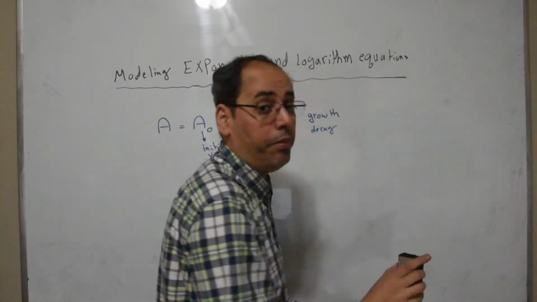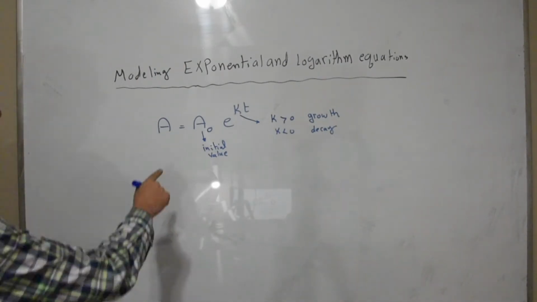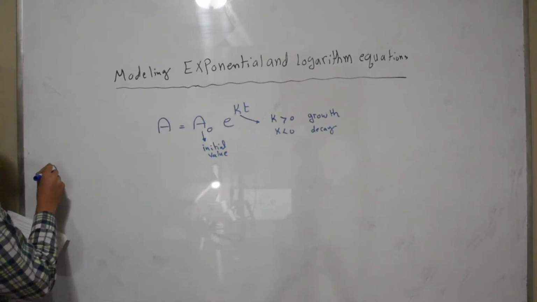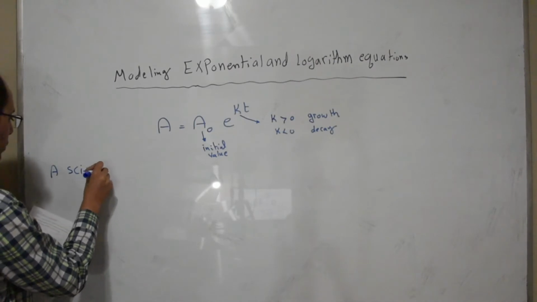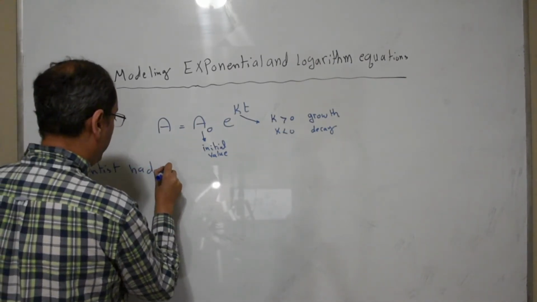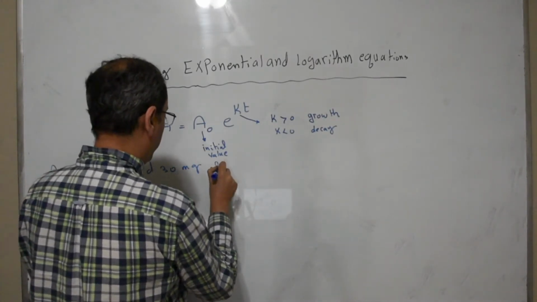So the first step is always finding the model. And here's my model. Okay, so a scientist had 30 milligrams of a substance.